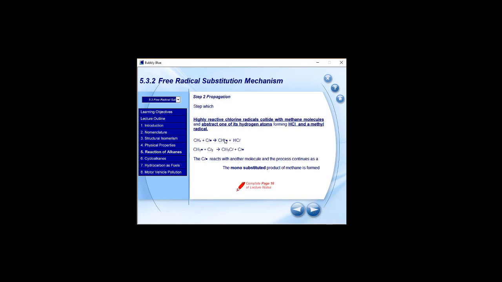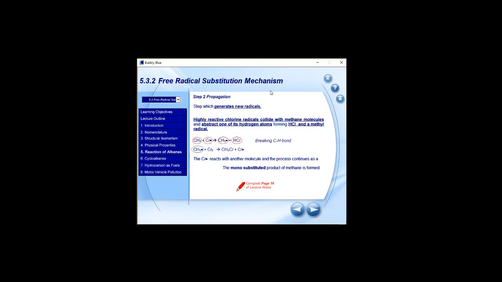The second step of the free radical substitution is propagation. This step continues to generate free radicals. What happens in the propagation step is that the chlorine radical formed in the initiation step will abstract one of the hydrogen atoms of an alkane, which is methane in this example, to form a methyl radical and HCl.